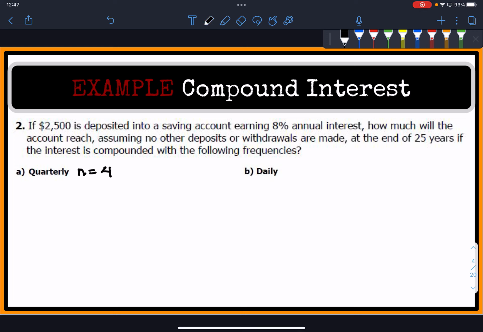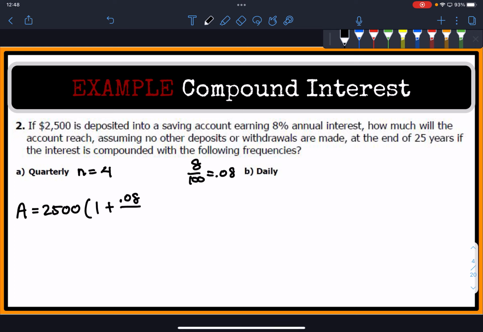So n will equal 4. Plugging the corresponding numbers into the formula, our initial amount of $2,500 will multiply 1 plus our interest rate of 8%, which is 8 out of 100, or 0.08.